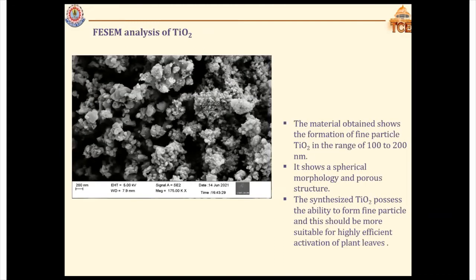Then the FESEM analysis of titanium dioxide colloids. The figure shows the morphological structure of synthesized titanium dioxide analyzed in a range of 100 to 200 nanometers. The fine particles of synthesized titanium dioxide have spherical morphology and porous structure.